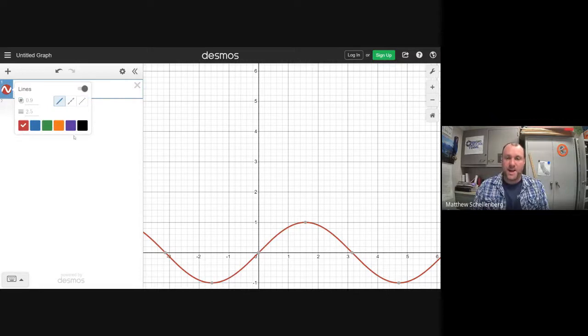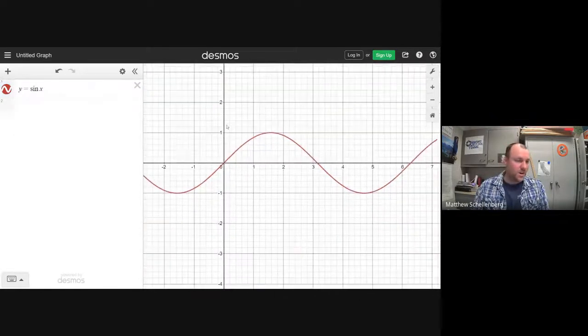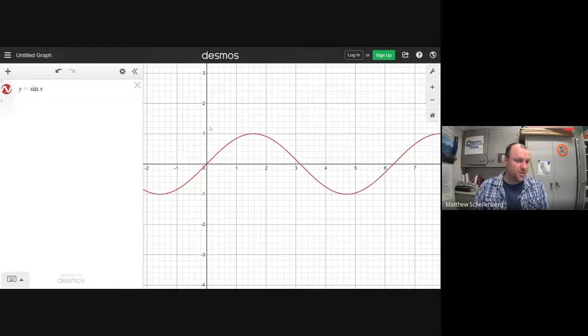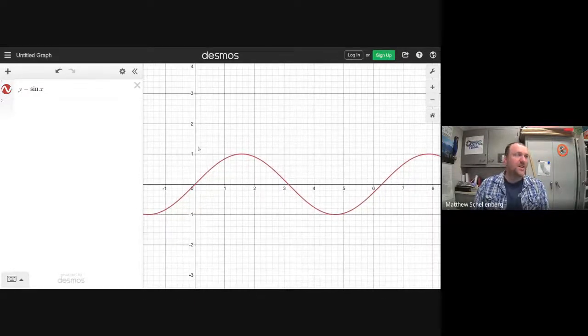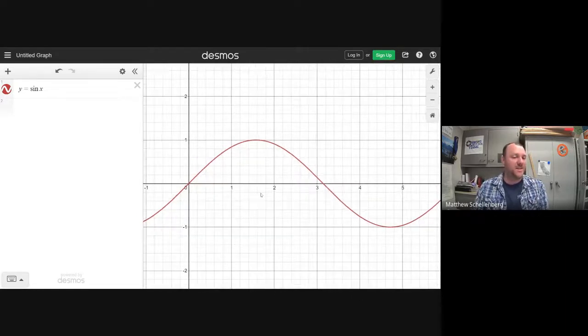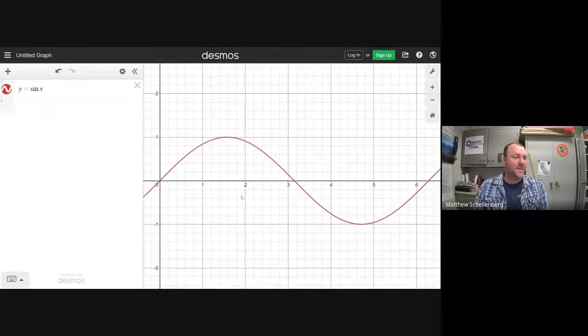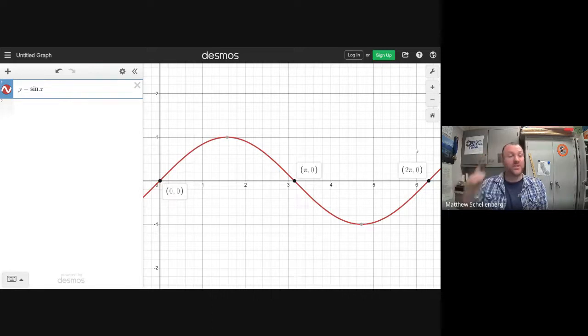I'm going to make it red. And we're going to zoom in here a little bit, make sure we have a whole period in here. So I hope everyone sees how it starts at 0. It starts at about 0 and at about pi, which is around here, right? Pi is there, and 2 pi is over here. That's the whole cycle of the sine function.